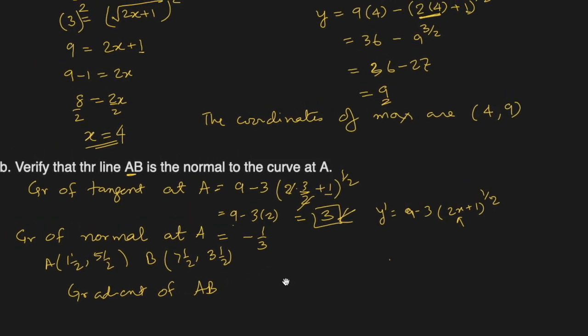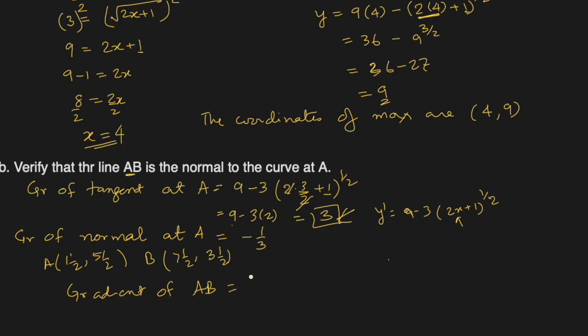We know it is y2 minus y1 over x2 minus x1 for any line, and we know all the coordinates. We'll just substitute their values. Let's say this is y2, and I will make it an improper fraction, so it will be 7 over 2 minus 5.5, which is 11 over 2, divided by x2, 15 over 2, minus 1.5, which is 3 over 2.